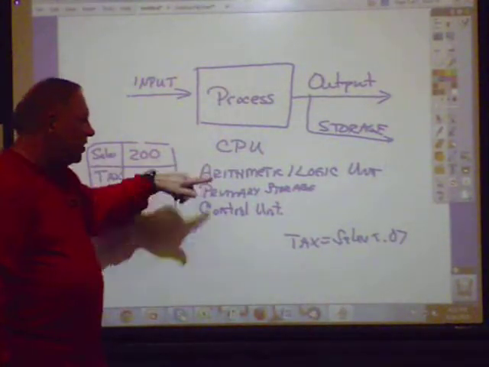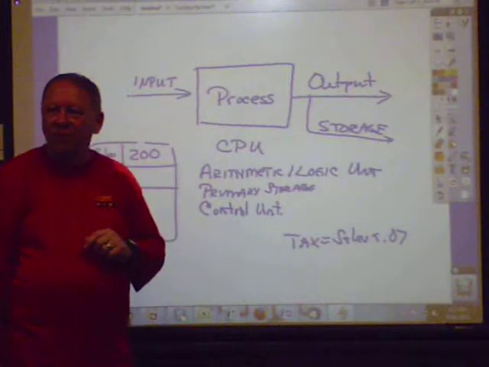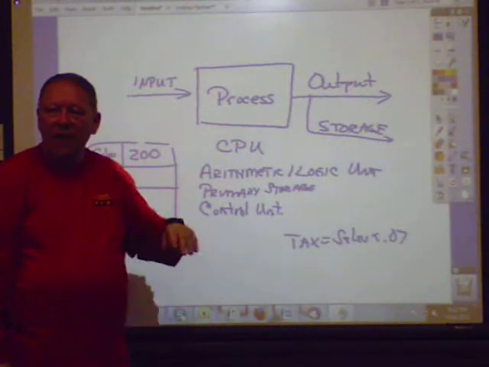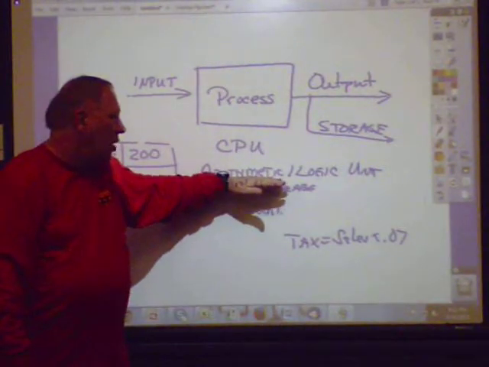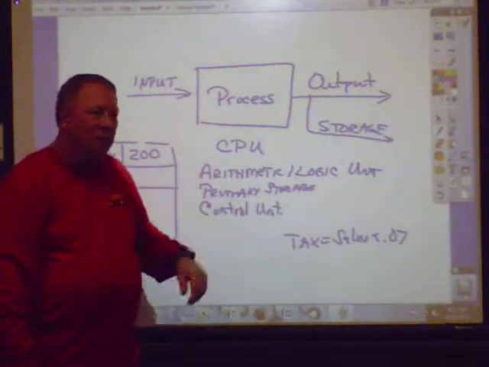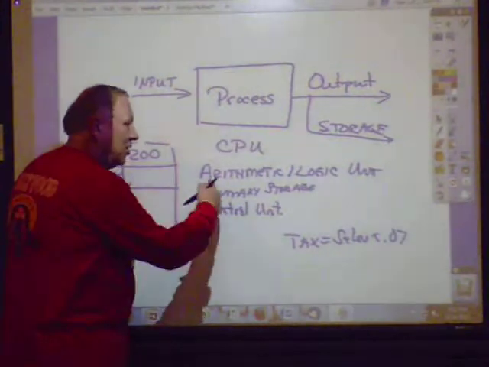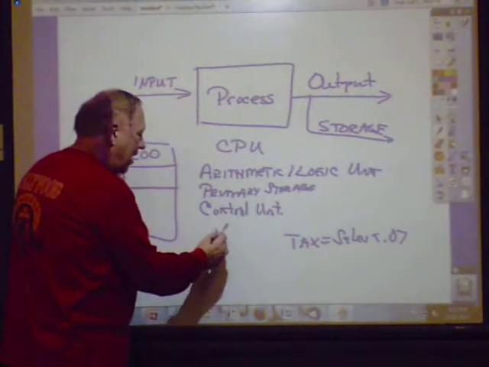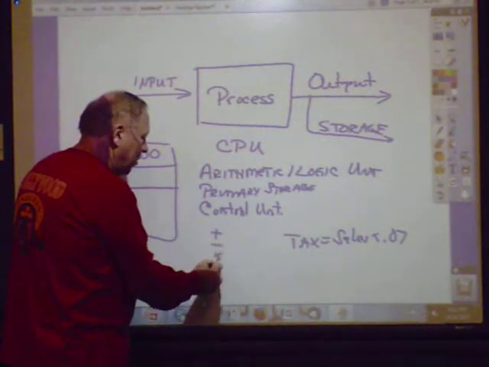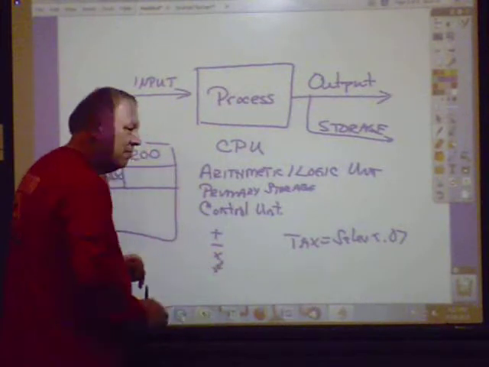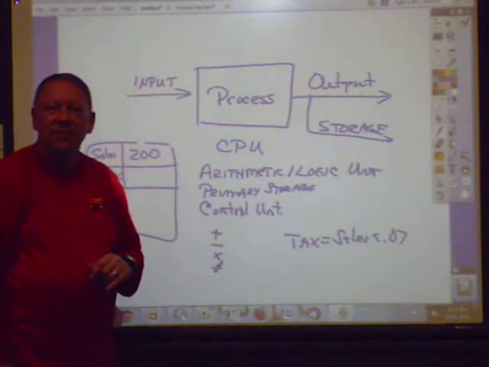So it sends that 200 to the arithmetic logic unit. And then it tells it, multiply it by 0.07. So the arithmetic logic unit can do arithmetic. It can add, it can subtract, it can multiply, and it can divide. That's it.